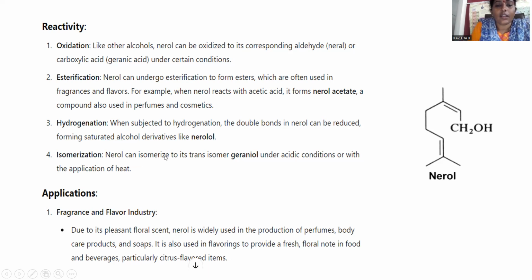Isomerization: nerol can be isomerized to the trans isomer geraniol under acidic conditions or application of heat. Geraniol to nerol, nerol to geraniol, that isomer conversion is possible by applying heat. By heating, one of the isomers can be shifted. Nerol can be converted into geraniol.